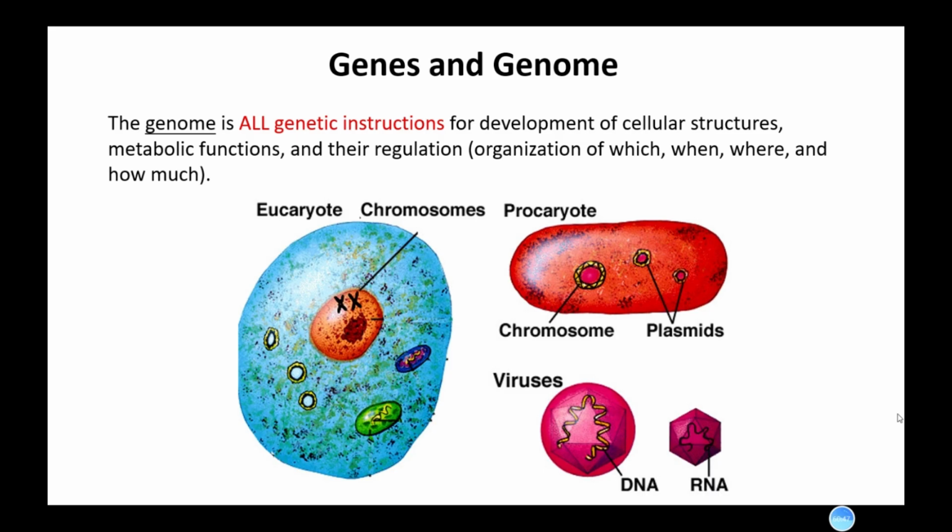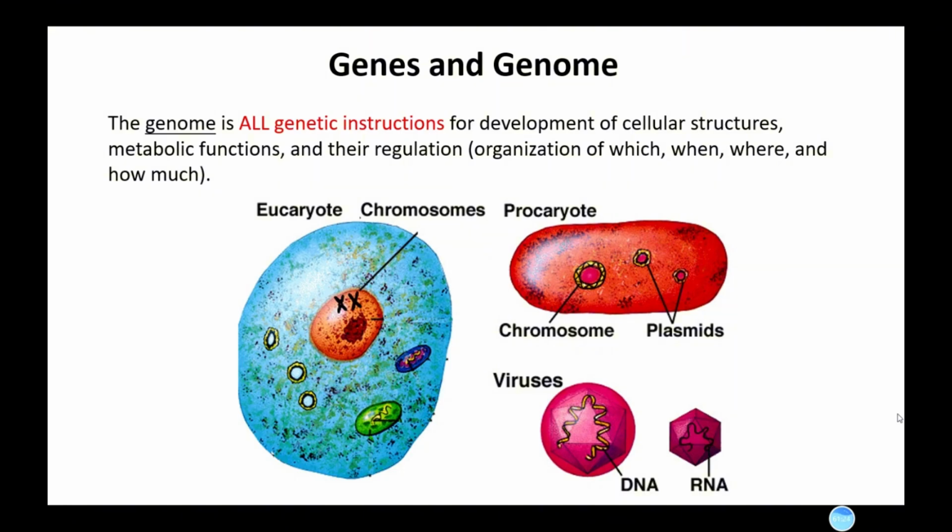The genome includes the chromosomes, and also some extra nuclear DNA, such as the DNA in mitochondria. In plants, it also includes the DNA in chloroplasts. But viruses are more simple, and the viral particle contains only a short genome.